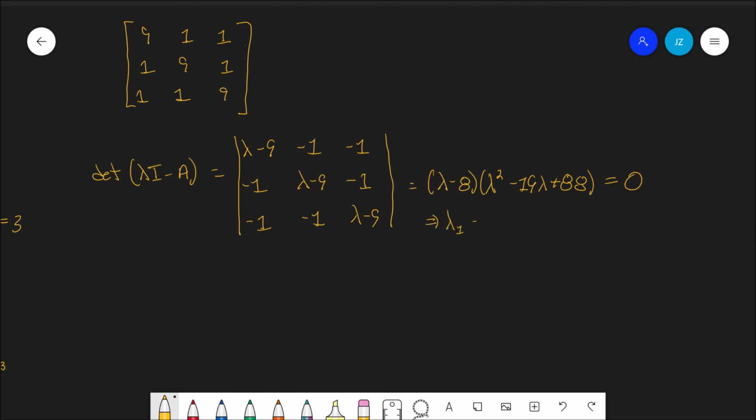So we get the solutions lambda 1 is equal to 8, lambda 2 is equal to 11.